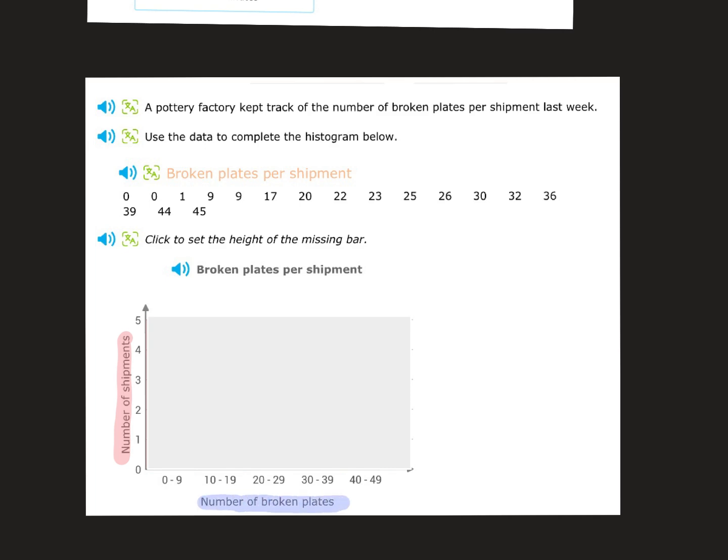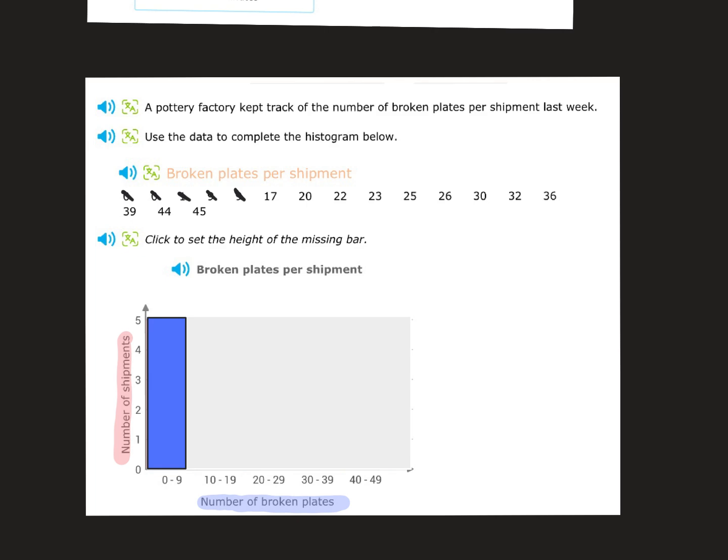So I am going to do this. So 0 to 9, I go 1, 2, 3, 4, 5. So I create a box going up. There are 5, and that one I will label blue.